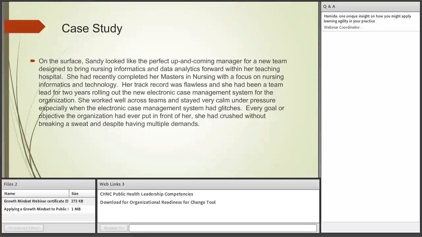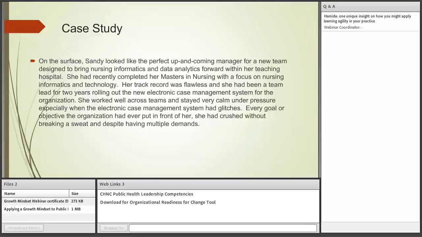She worked well across teams and stayed very calm under pressure, especially when the electronic case management system had glitches. Every goal or objective the organization had ever put in front of her, she had crushed without breaking a sweat, despite having multiple demands.